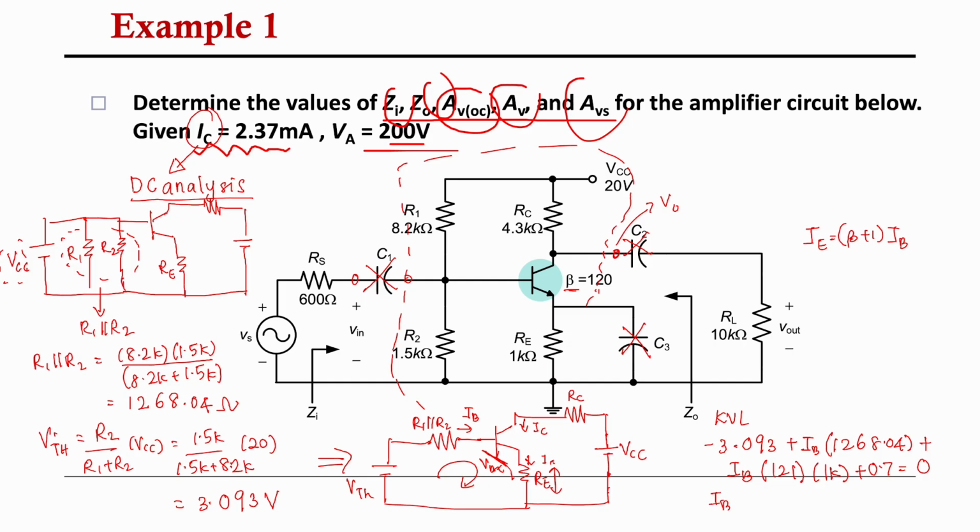From here you can find your value of IB, and you will get 19.75 microampere.